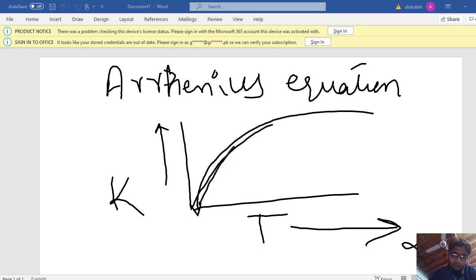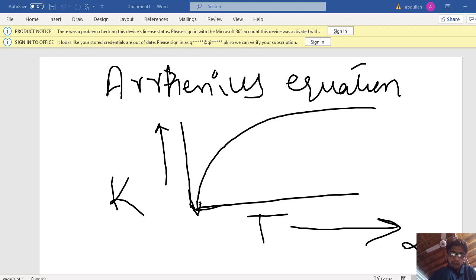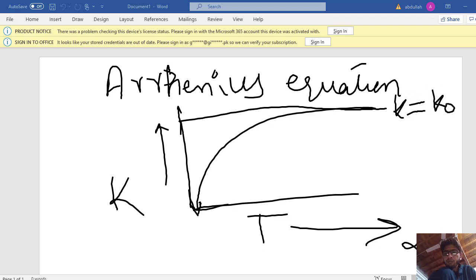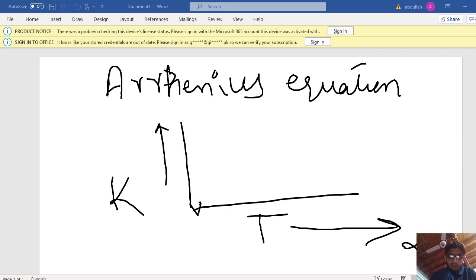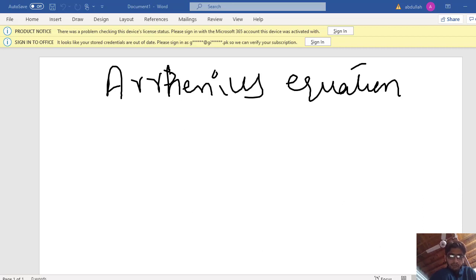This is the exponential form of the Arrhenius equation. As temperature tends to infinity, k becomes k naught. This is the mathematical form and this is the graphical form of the Arrhenius equation.